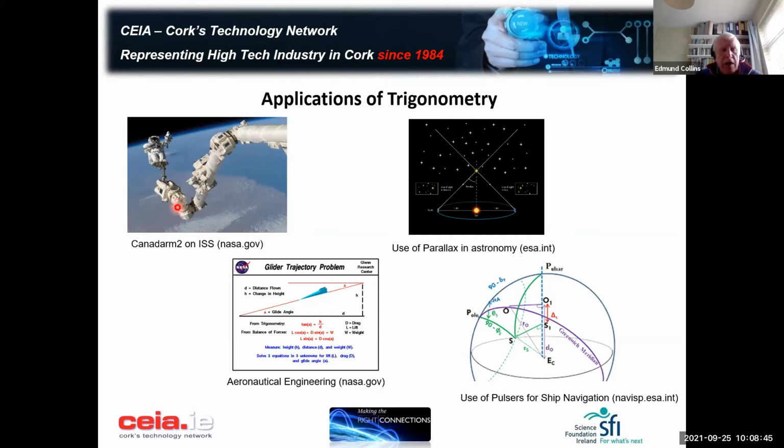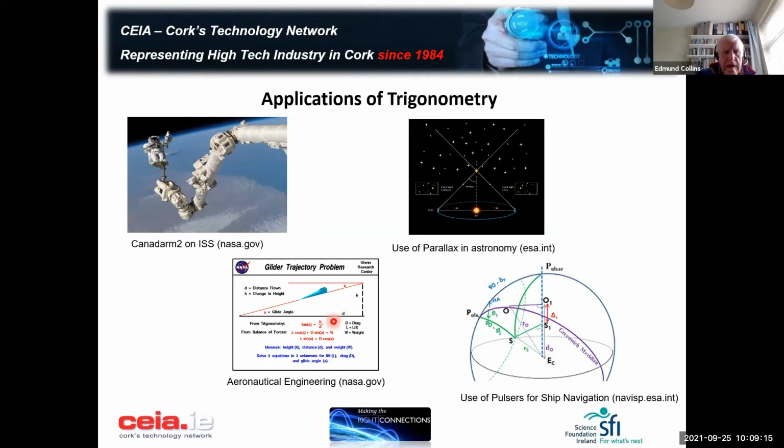So that's a very practical application. There you see an astronaut doing a spacewalk around the arm. Another use would be in parallax in astronomy, and you can see there typical triangles and so on. And again, trigonometry would come in there.